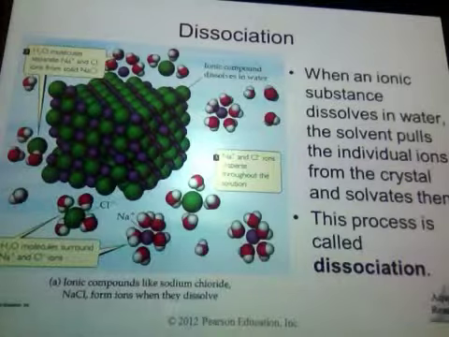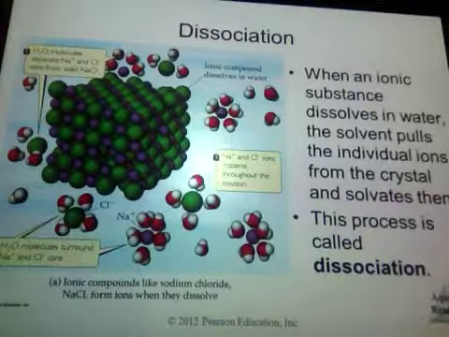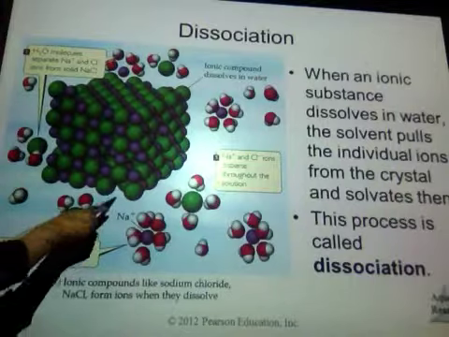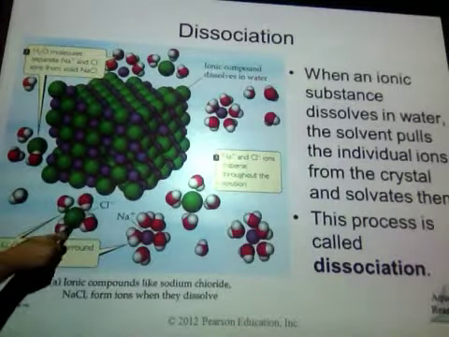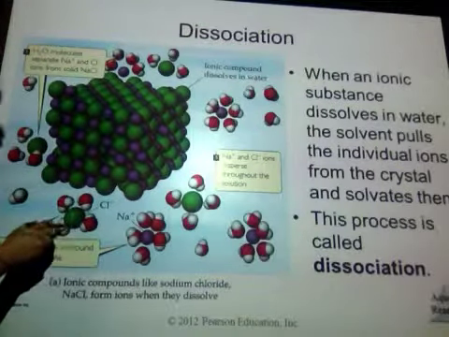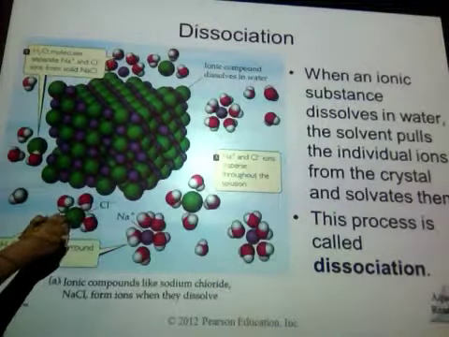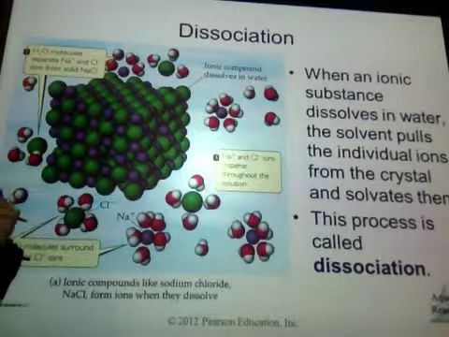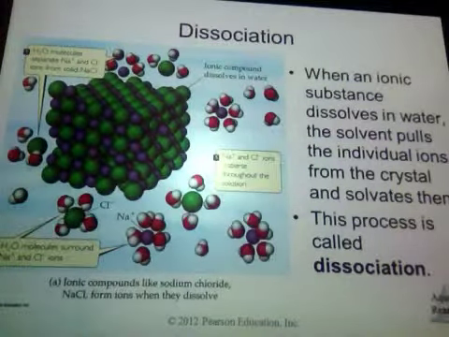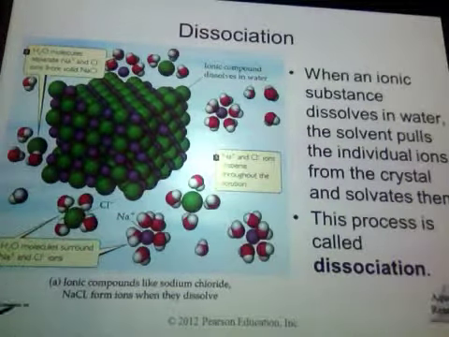Remember that oxygen would have that partial negative charge, hydrogen would have that partial positive charge. So if I look just at this specific one right here, I have a chloride ion, and if I look at the water molecules, it seems like the white of the water molecules is what's surrounding the chloride ion. Well, the white part would be my hydrogens, and that hydrogen would have a partial positive charge because oxygen would be more electronegative, so oxygen has to have the partial negative charge.